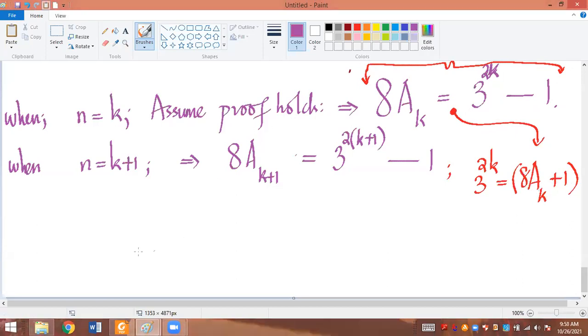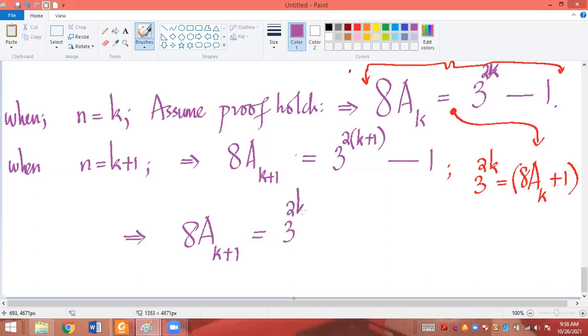Now, my intention is to substitute it in the statement at n equal to k plus 1. So 8a_(k+1) is equal to 3 to power 2k multiplied by 3 power k minus 1. This statement here is 3 power 2k plus 2, minus 1.